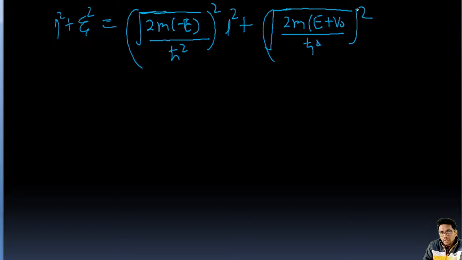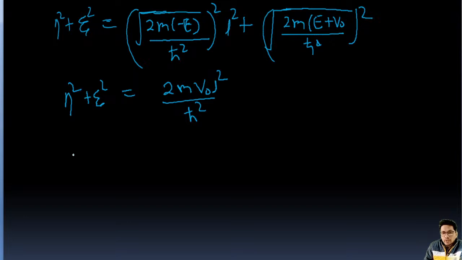Okay, this is the one, and if you solve it, zeta square is going to be 2m v naught L square upon h square.